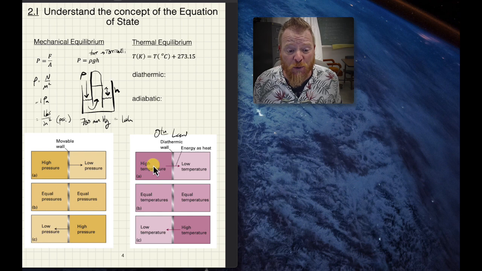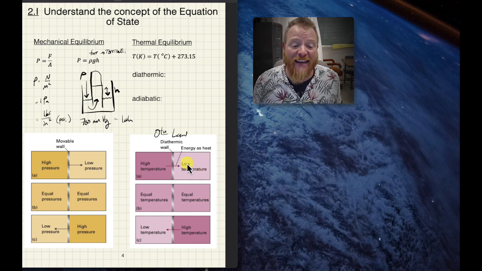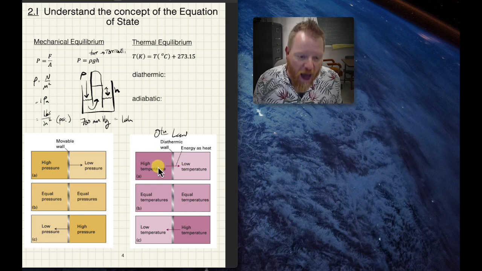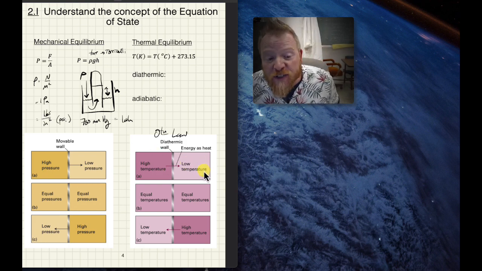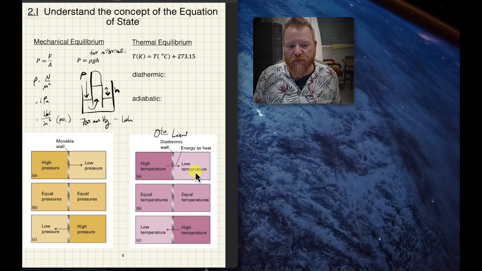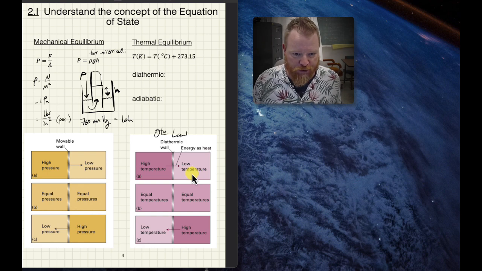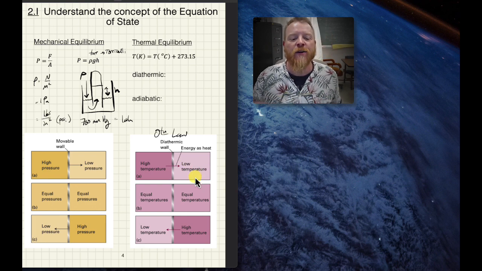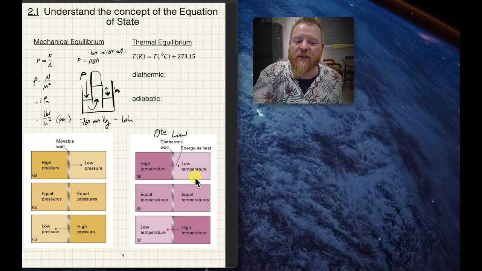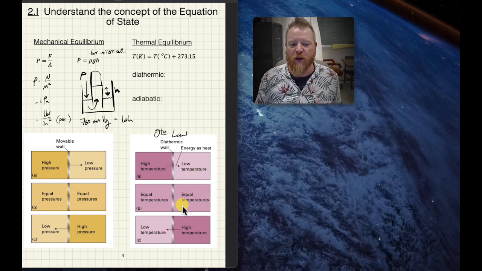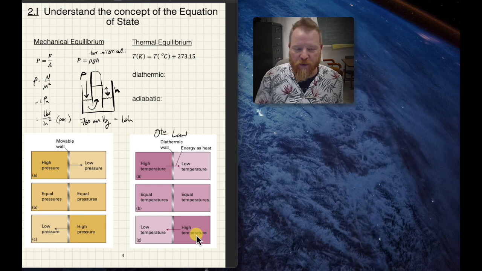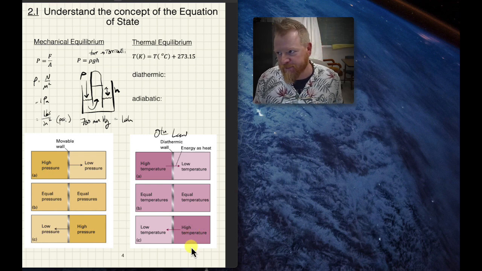If we have two objects in contact with each other of differing heat, heat will flow from the high temperature side to the low temperature side until they have both achieved the same temperature. So the low temperature isn't sucking heat away, rather the high temperature is giving heat away. If they're at equal temperatures, they will stay just that. And of course, if we reversed the temperatures, then we would see the opposite flow of heat.